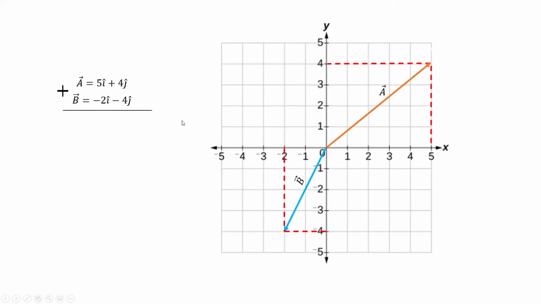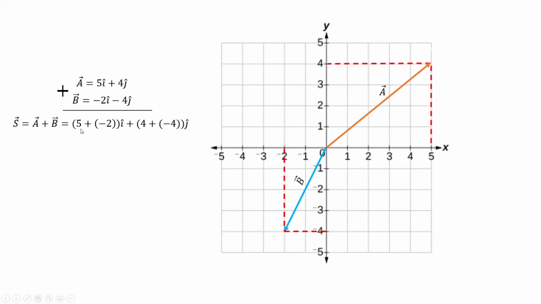So when you want to add these two vectors, you should add the x components to each other and add the y components to each other separately. So the addition of x components will make the x component of the resultant vector, and the addition of y components will make the y component of the resultant vector, which here I label as S. So A plus B: 5 plus -2 and 4 plus -4.